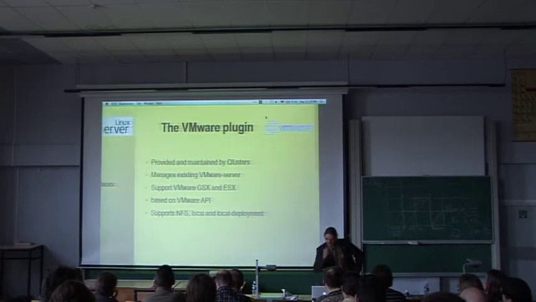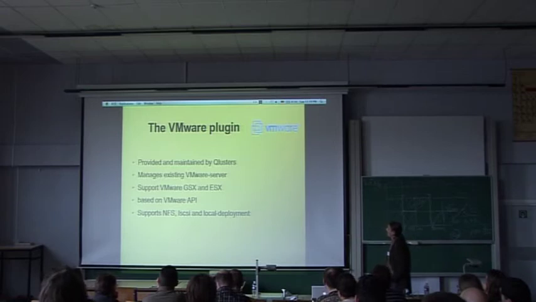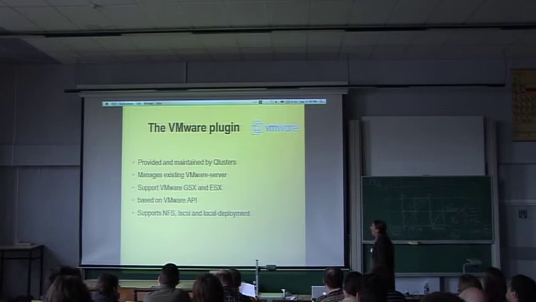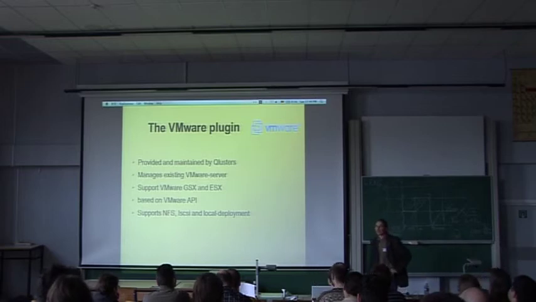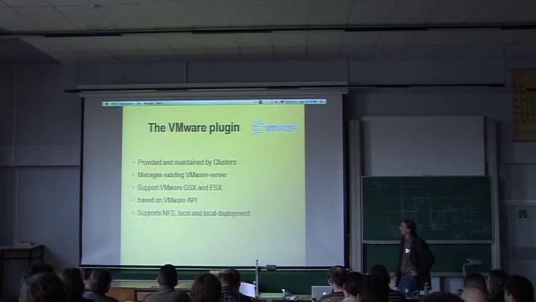So last but not least, we also have the VMware plugin, which is currently maintained and provided by the Clusters company, the professional services company behind openQRM. The only difference between the VMware plugin and the other virtualization plugins is that the VMware plugin does not care about deployment of your virtualization host, which means GSX or VMware Server or ESX.